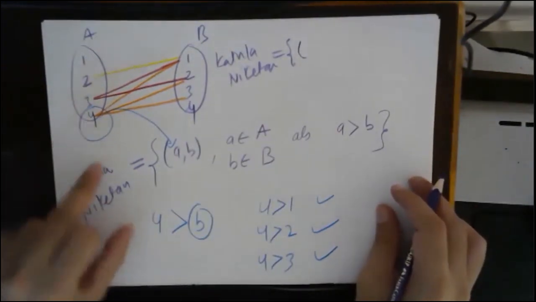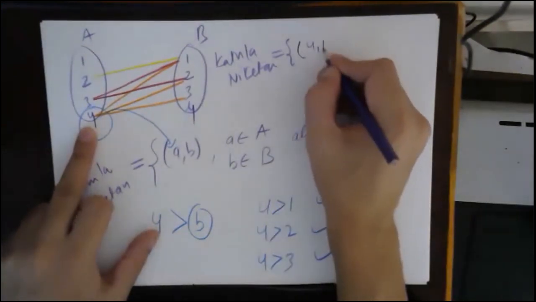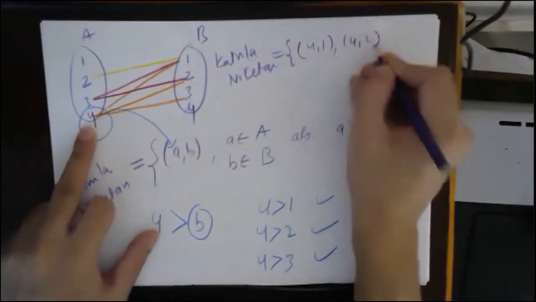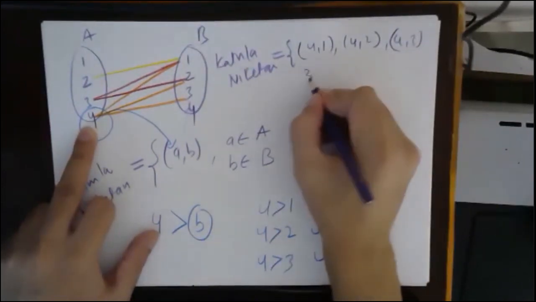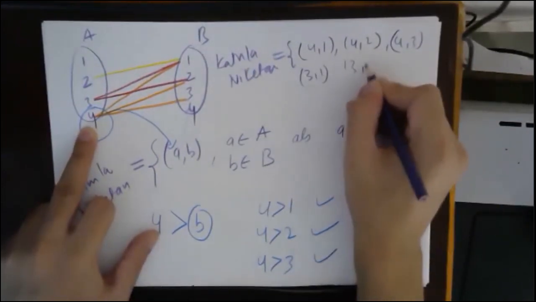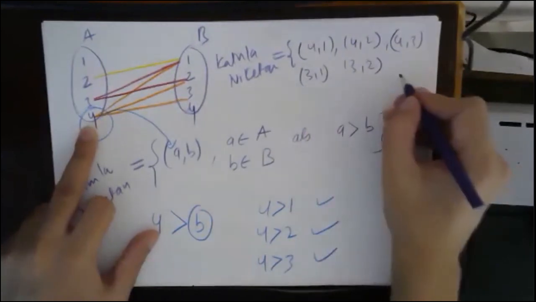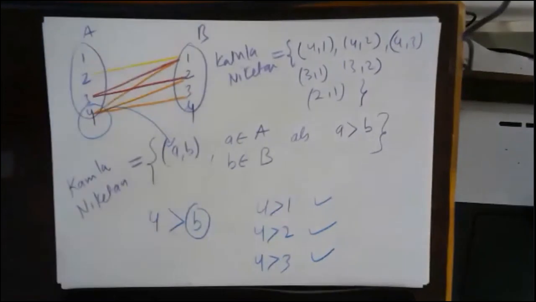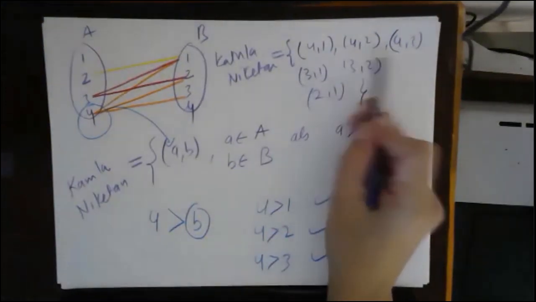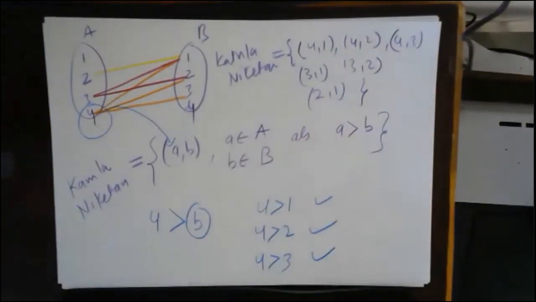Write it down: (4,1), (4,2), (4,3). This is the way of writing. (3,1), (3,2). That's it. And then (2,1). These are the elements. Very good. 6 elements: 1, 2, 3, 4, 5, 6. You are understanding what I'm trying to say.